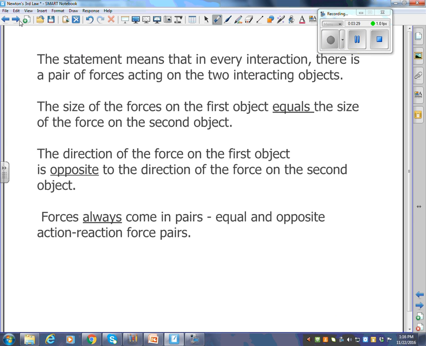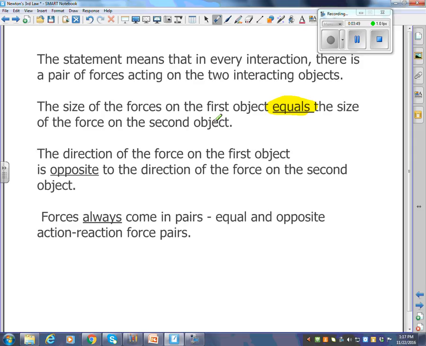This statement means that in every interaction there is a pair of forces acting on the two interacting objects. The size of the force on the first object equals the size of the force on the second object. When I say equal, I mean they are the same.